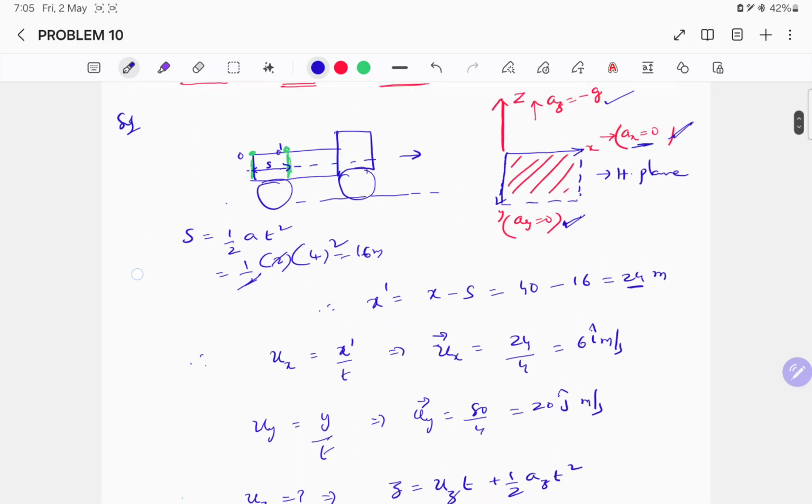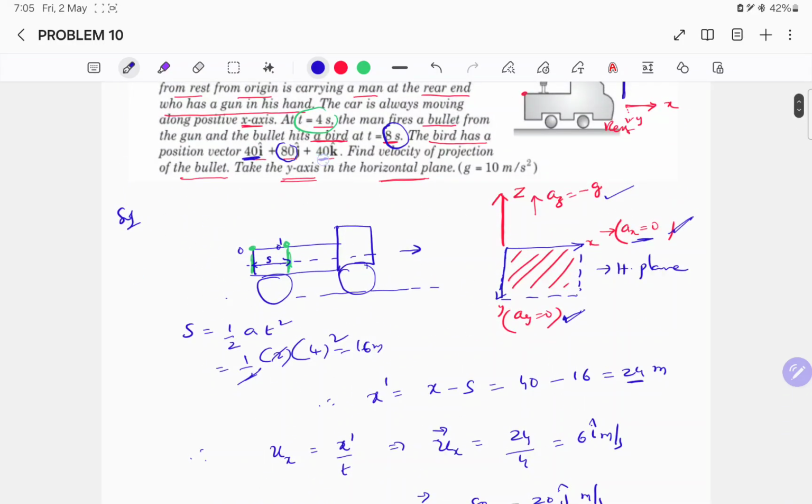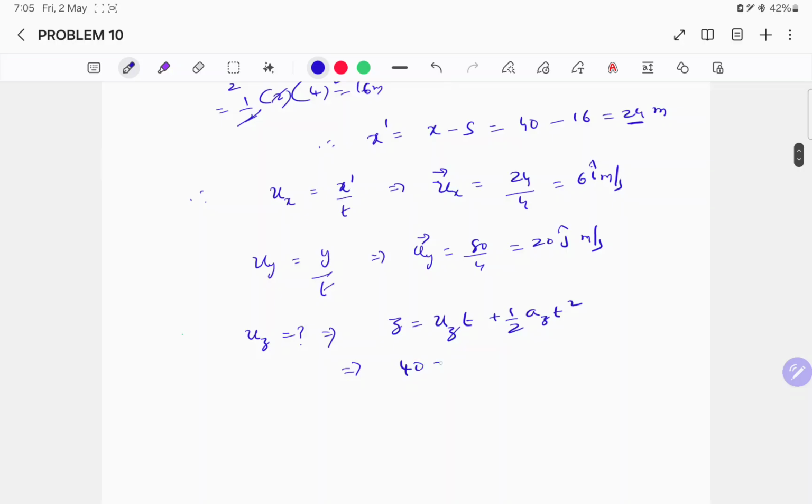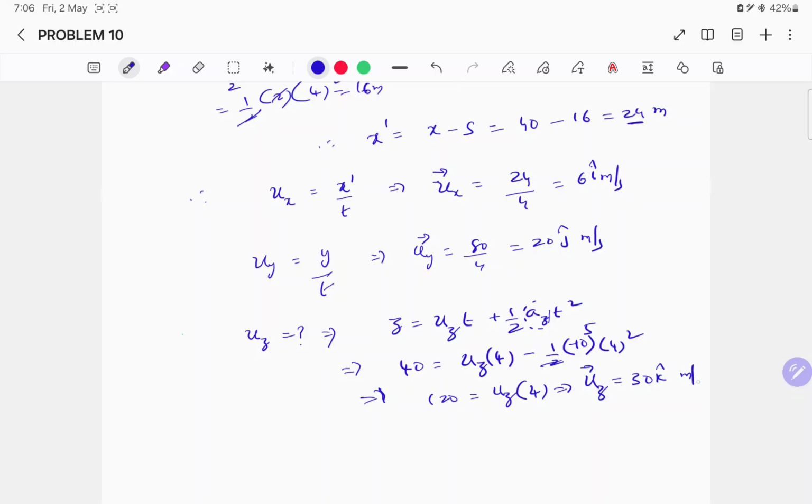As the z coordinate given is 40, 40 equals uz into the time interval 4, minus g, this is minus 10, into 4 square. 16 fives are 80, minus 80, you bring it to this side, it will be 40 plus 80, 120 equal to uz into 4. Obviously you got uz as 30, or uz bar equal to 30 k cap meter per second.